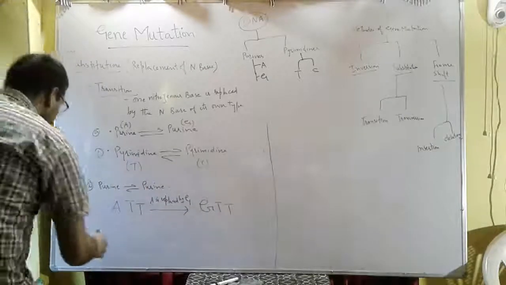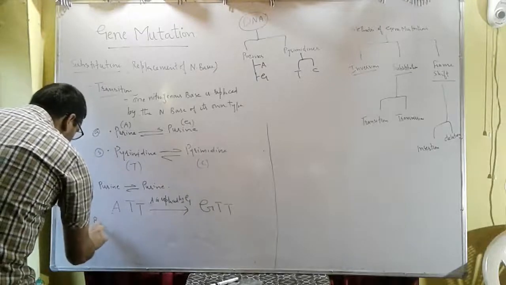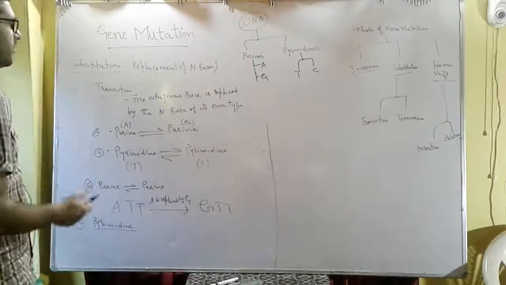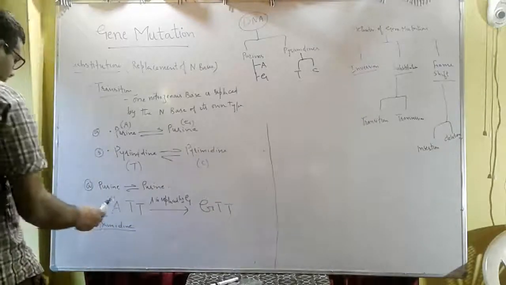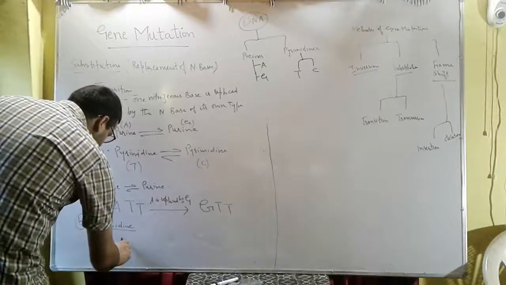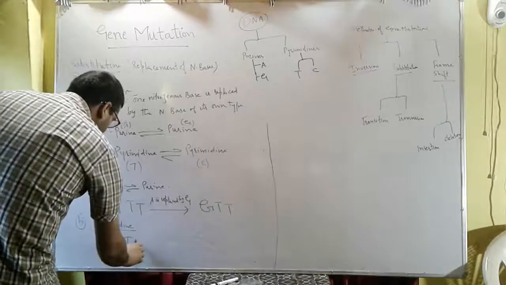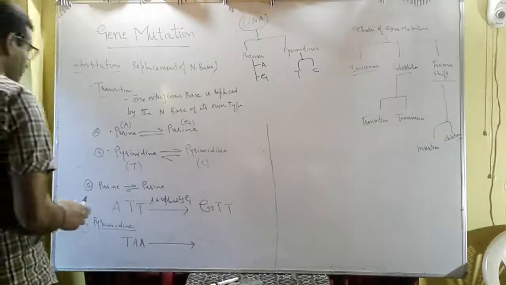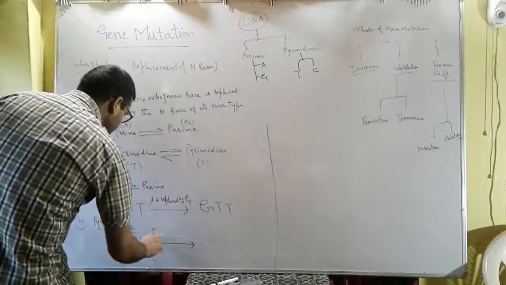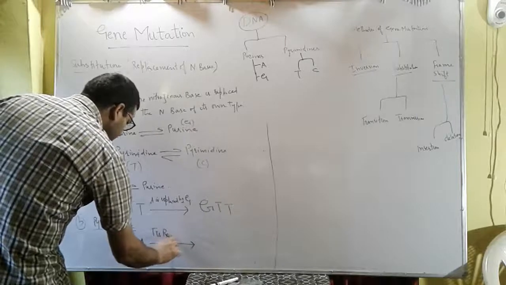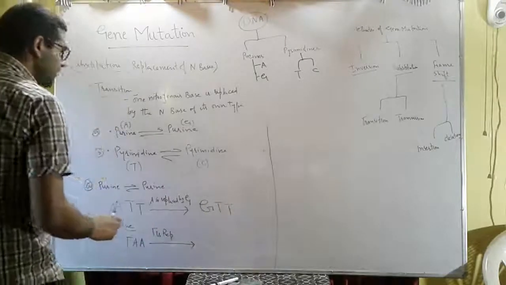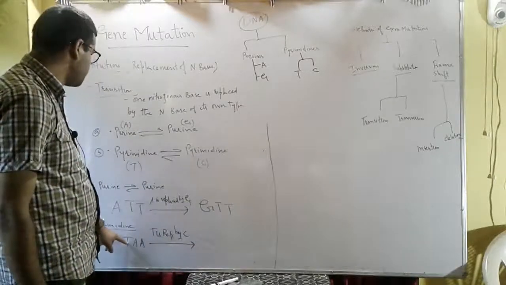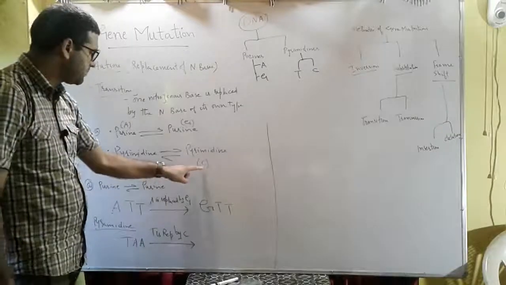Then we have pyrimidine. For example, we have TAA. T is replaced by C. We know that T is a pyrimidine, and this will be replaced by cytosine.